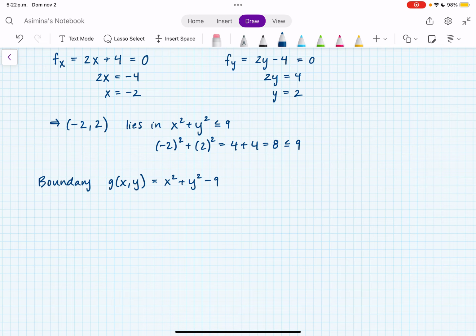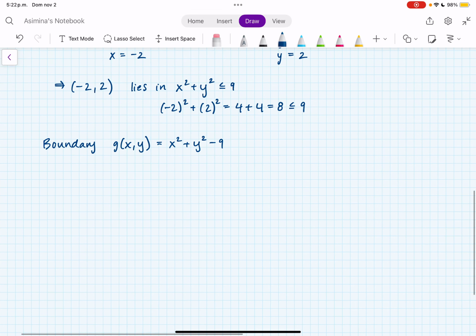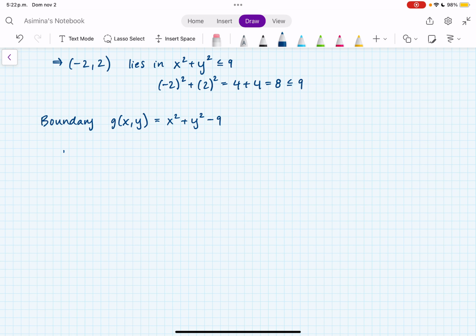Now we want to find the gradient of this. The partial derivative with respect to x of x squared plus y squared minus 9 is just 2x, and the partial derivative of g with respect to y is just 2y.